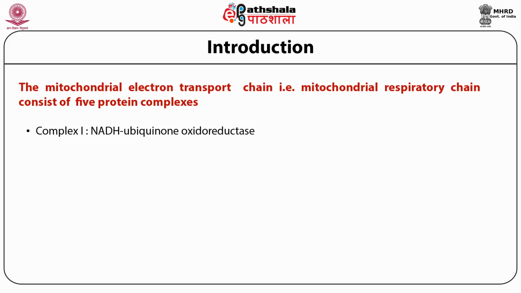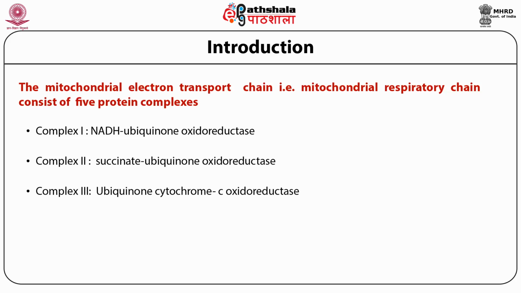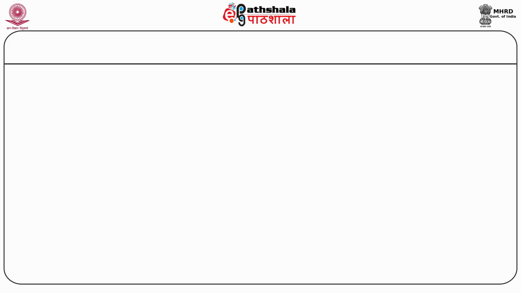The mitochondrial electron transport chain, that is mitochondrial respiratory chain, consists of 5 protein complexes. Complex 1, that is NADH ubiquinone oxidoreductase. Complex 2, that is succinate ubiquinone oxidoreductase. Complex 3, that is ubiquinone cytochrome C oxidoreductase. Complex 4, cytochrome C oxidase. And complex 5, ATP synthase.